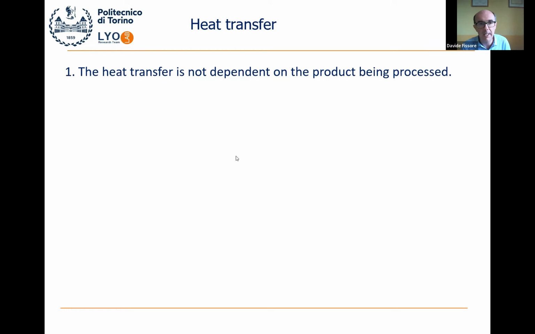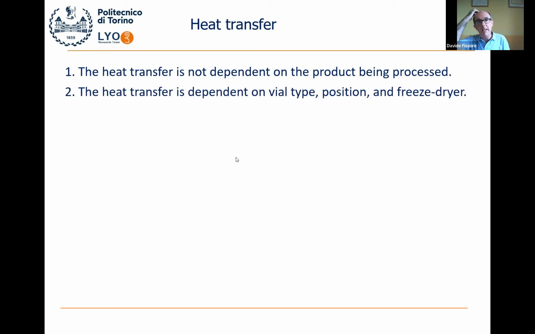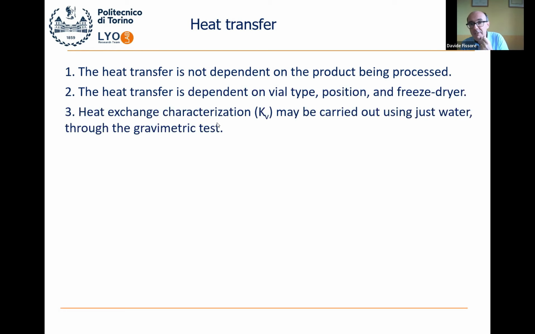First important concept. Second, heat transfer is dependent obviously on vial type, on vial position, on the freeze dryer, because all these elements affect the rate of heat transfer to the product. And if you want to get the value of KV, the only way to get a detailed picture of your system is to carry out a so-called gravimetric test.